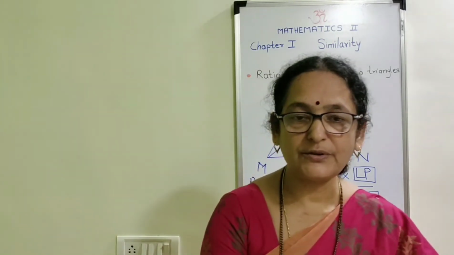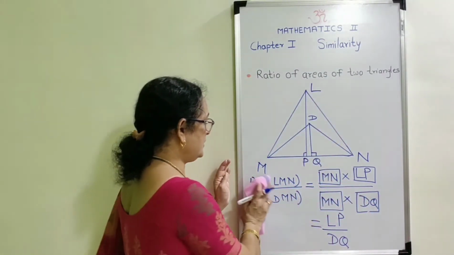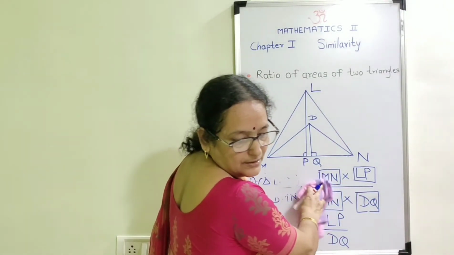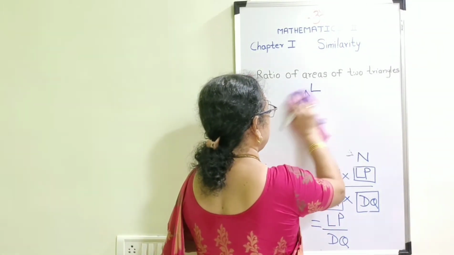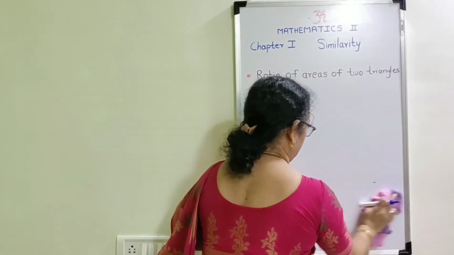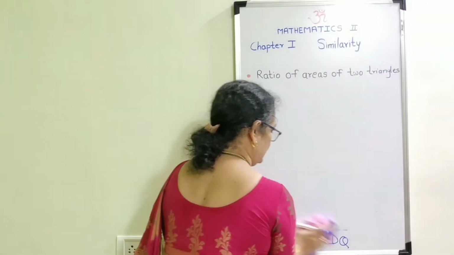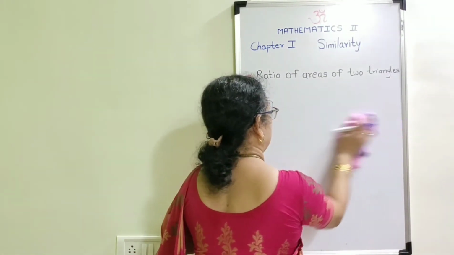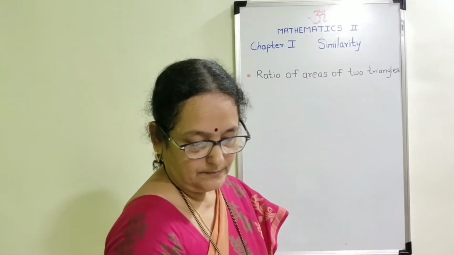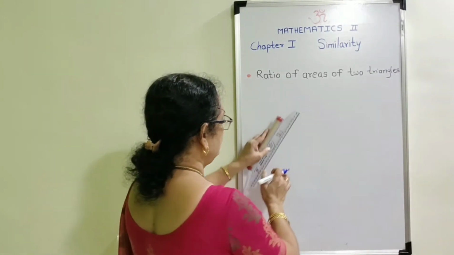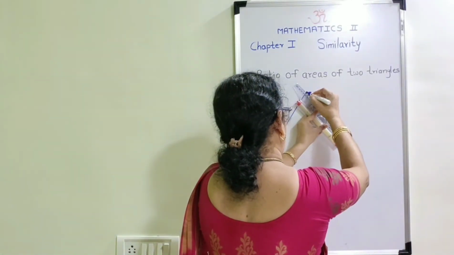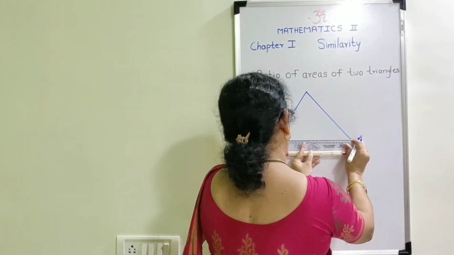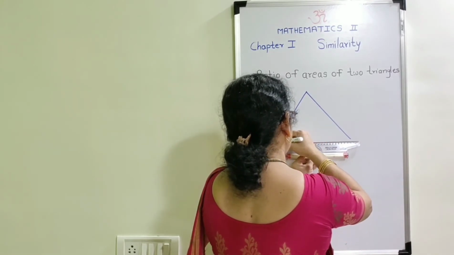Now we are going to take the third activity given in figure 1.8. A triangle is given.